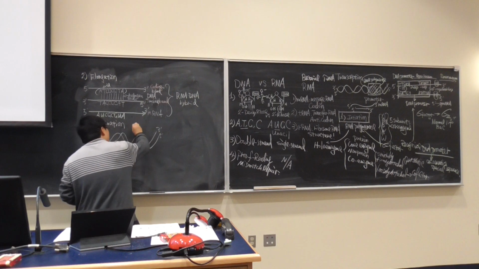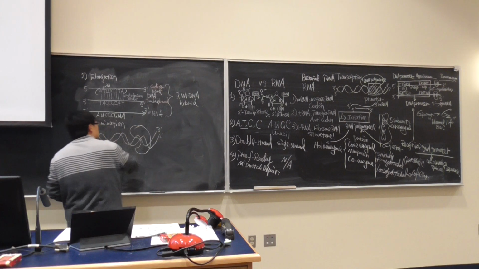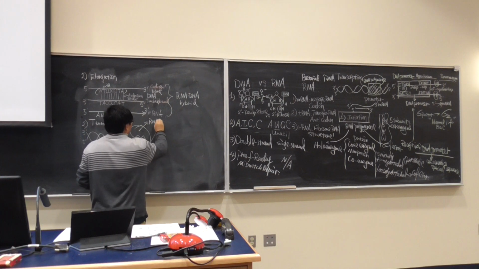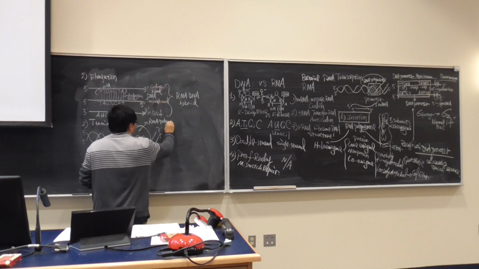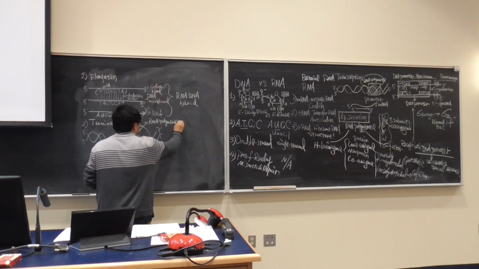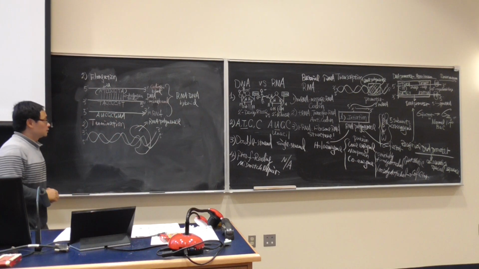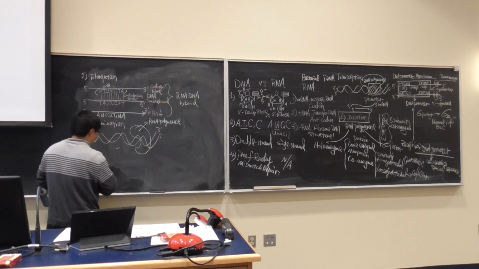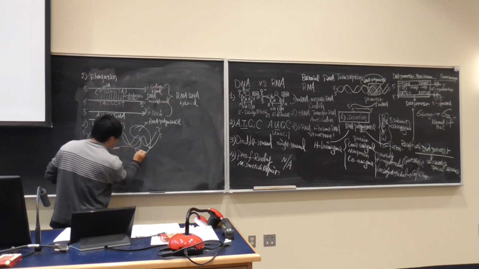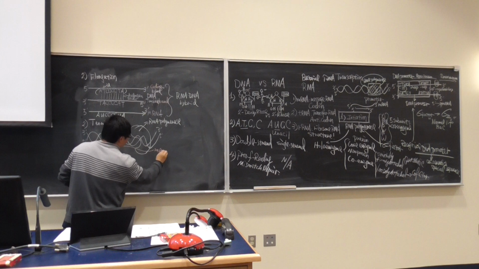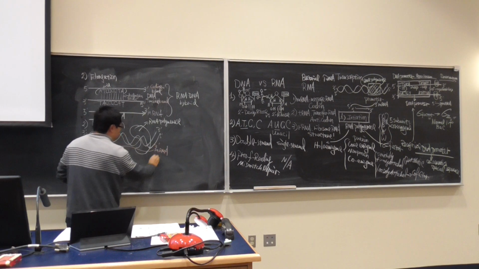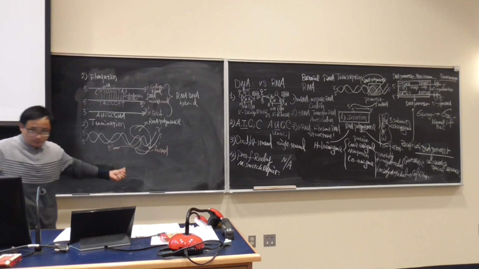And usually right here, there is an enzyme, RNA polymerase, to recognize the promoter, then you're going to generate mRNA. That's 5 prime to 3 prime RNA. Okay, how do we know it's terminated?